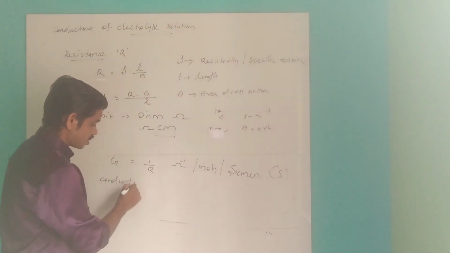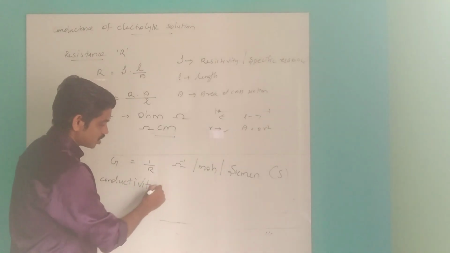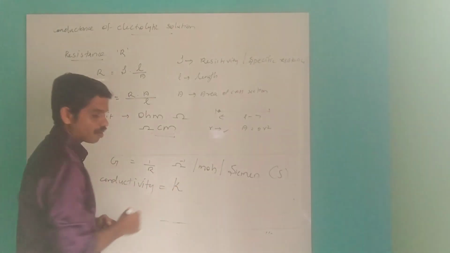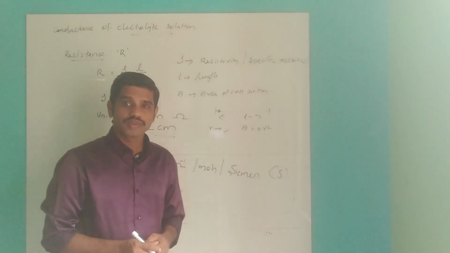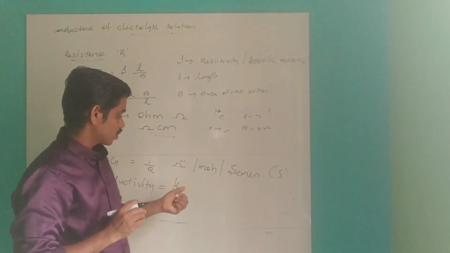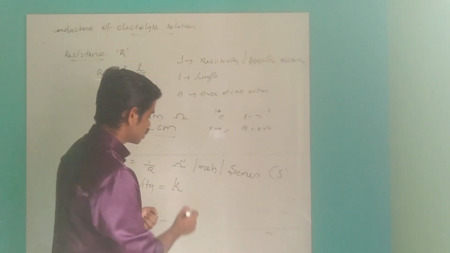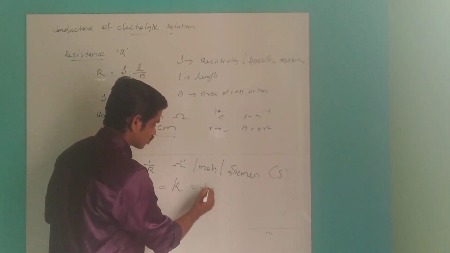Then conductivity is an important factor. What is conductivity? Conductivity is represented by the small letter k, which you can call kappa. K is equal to 1 by rho.